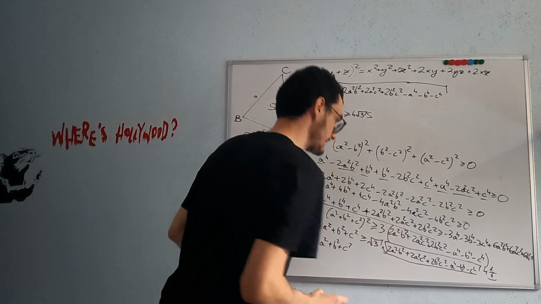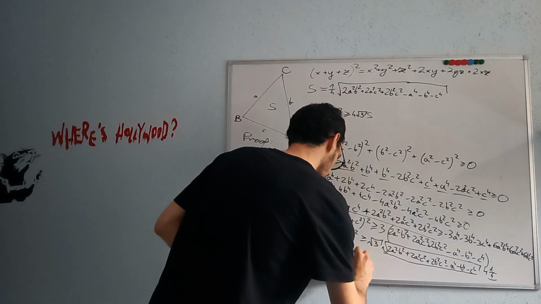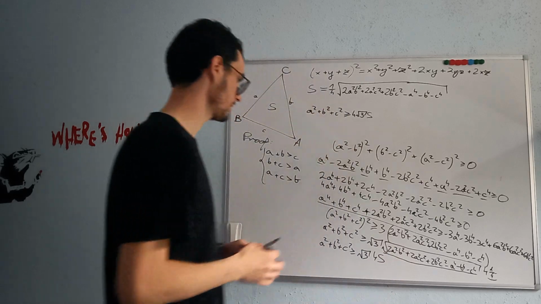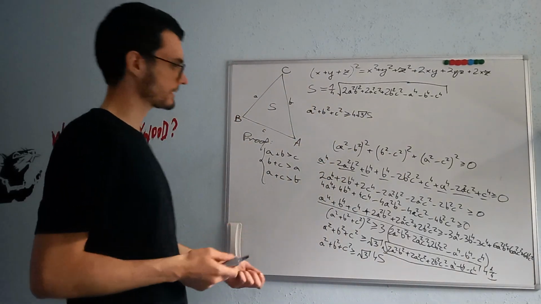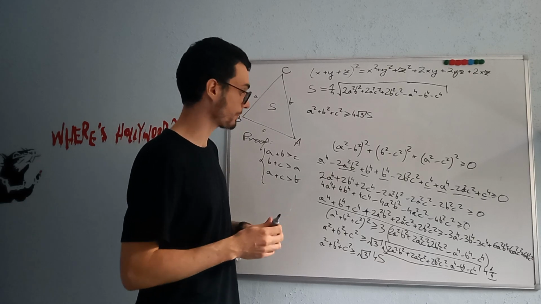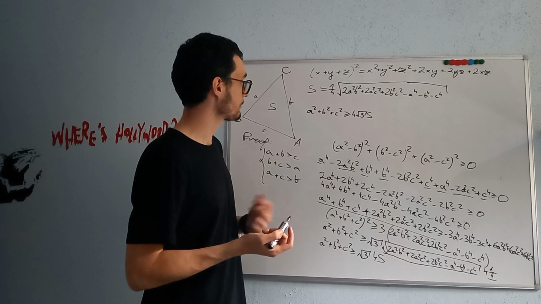So let's replace the underlined part by S. And since multiplication is a commutative operation, we can finish the proof.